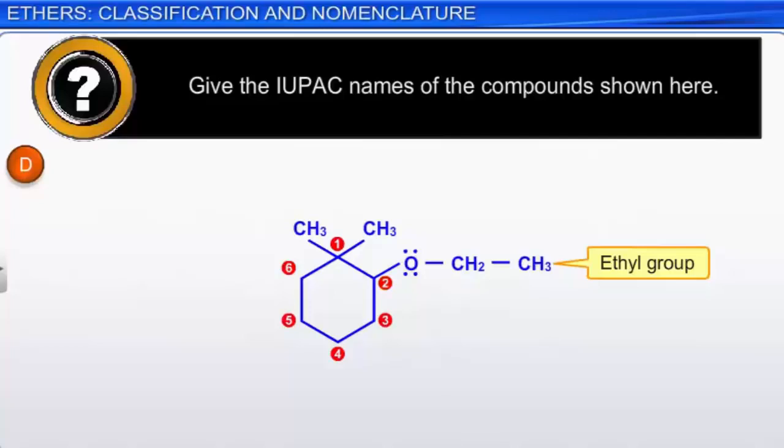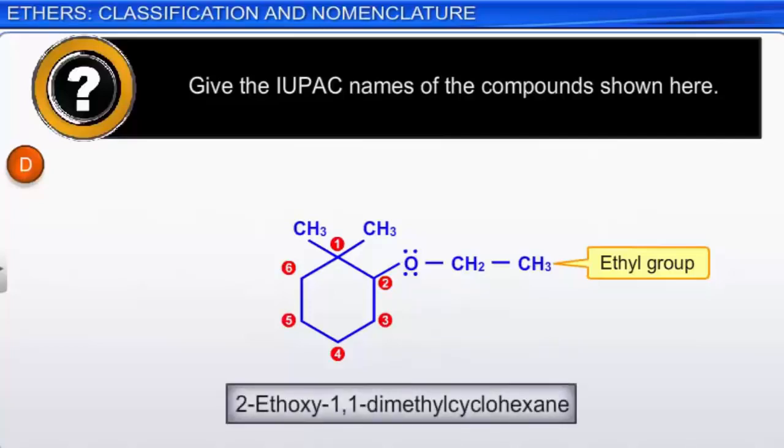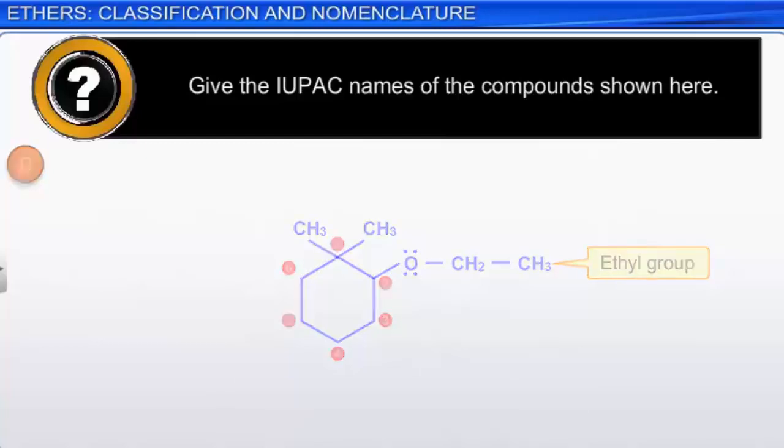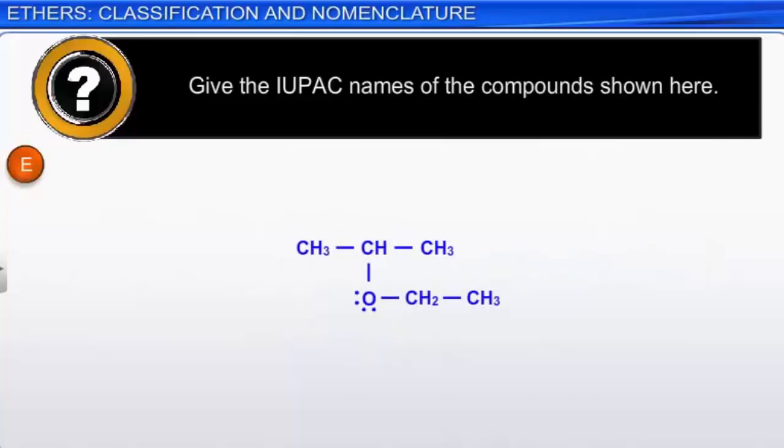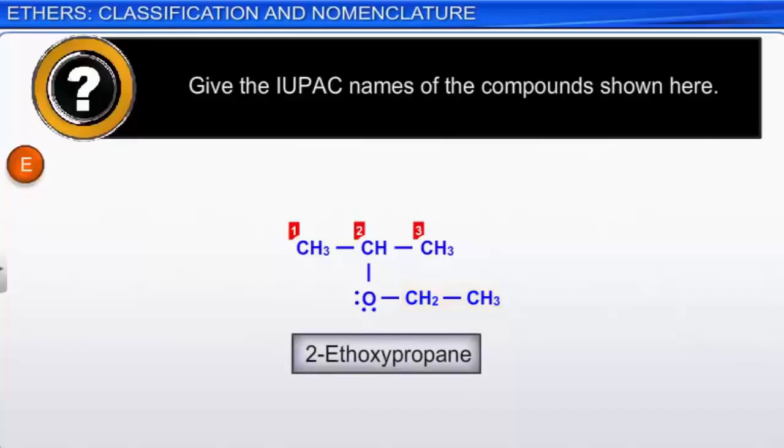Therefore, its IUPAC name is 2-ethoxy-1,1-dimethyl cyclohexane. Molecule E has a 3-carbon chain with an ether linkage attached to an ethyl group at carbon 2. Its IUPAC name is 2-ethoxypropane.